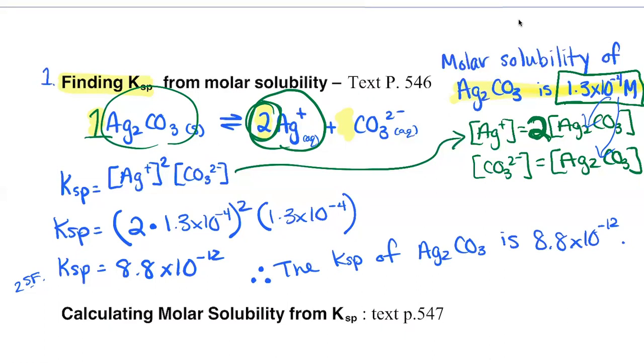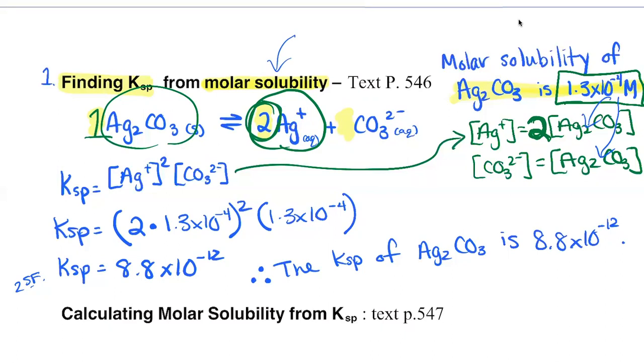Okay, so we can find KSP that way if and only if we're given molar solubility. So this is KSP from molar solubility. Sometimes you won't have that information given to you, in which case you might need to use like an ICE table or something. We're going to do an example of something like that.